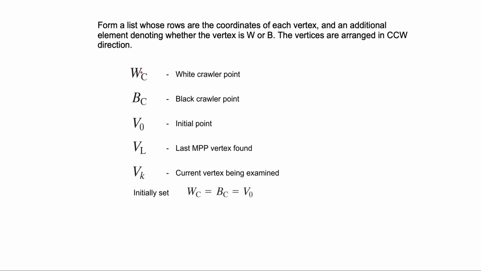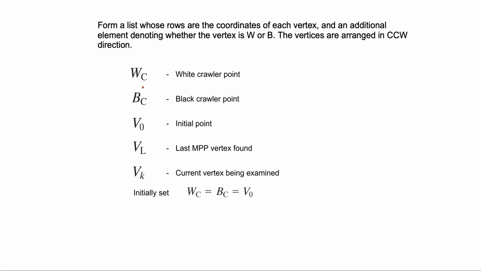Now we need to prepare the data for running this algorithm. We need to form a list whose rows are the coordinates of each vertex, and an additional element denoting whether the vertex is W or B is also needed. We have to arrange the vertices in the counterclockwise direction, and there are certain intermediate variables that we will use while we run the algorithm.